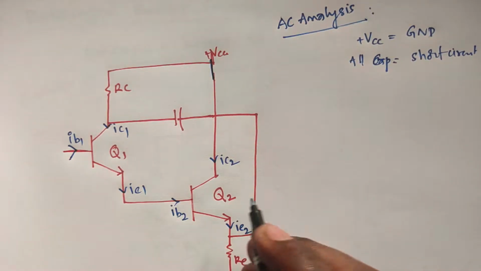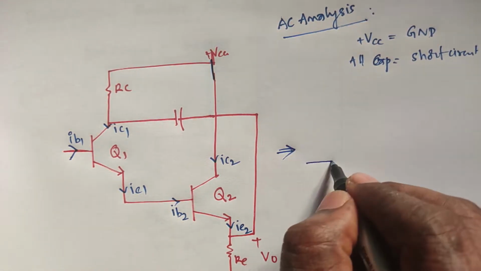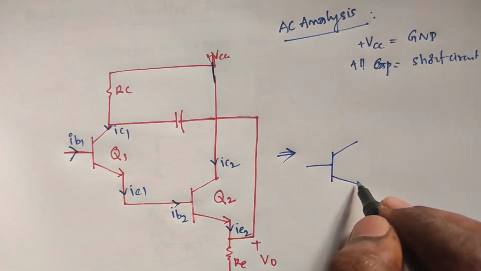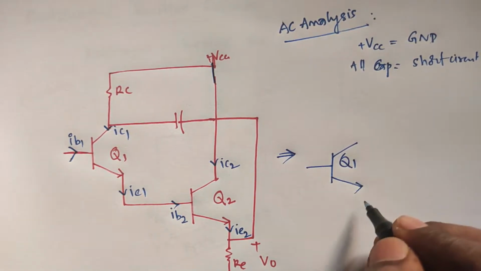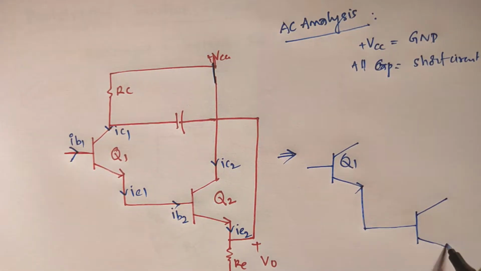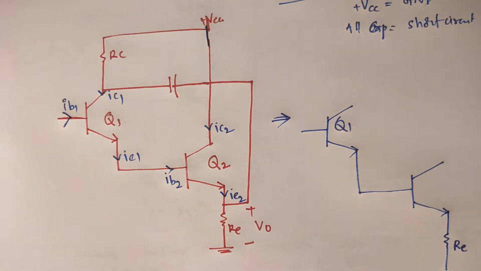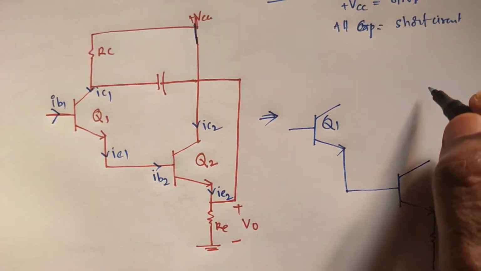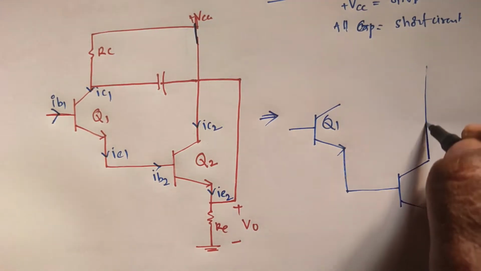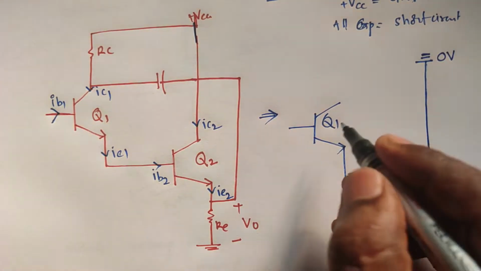So based on this, we can draw the same circuit diagram. The first transistor Q1 is connected to the second transistor input, that is RE, and this is connected from plus VCC, which is connected to ground, that voltage is 0 volts.